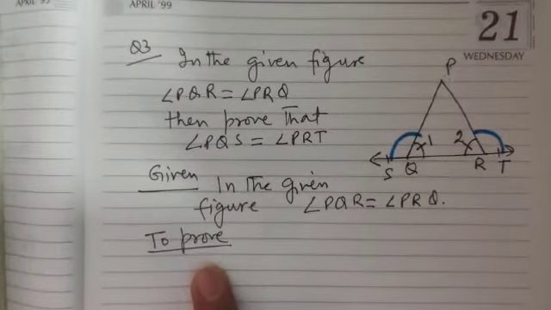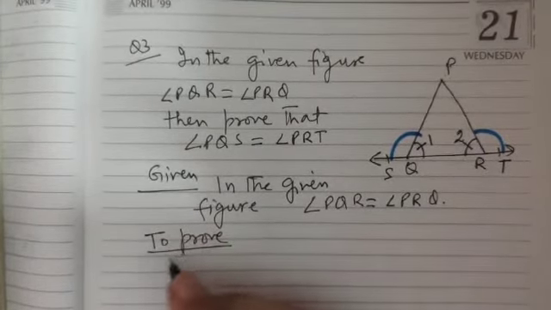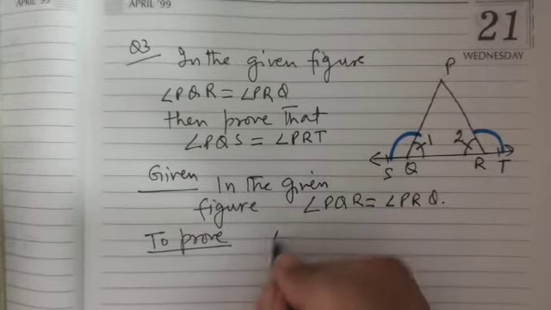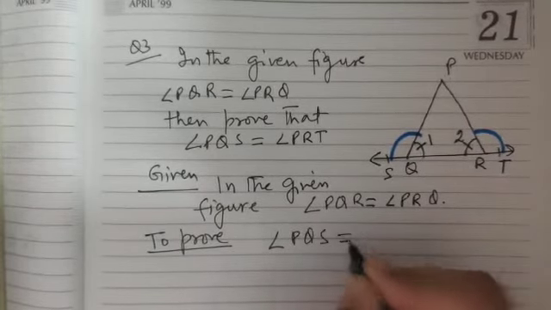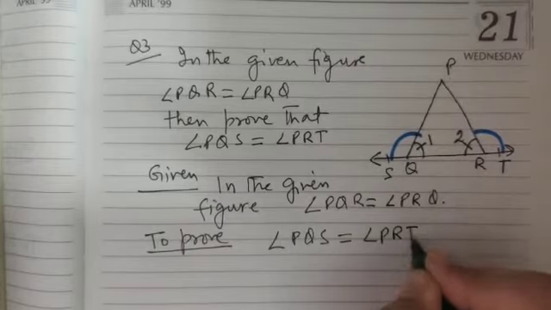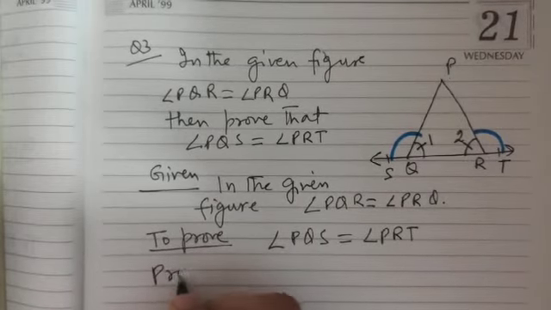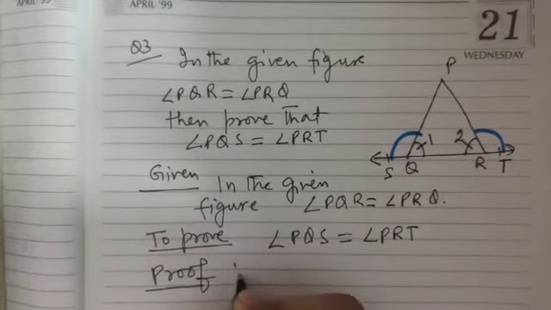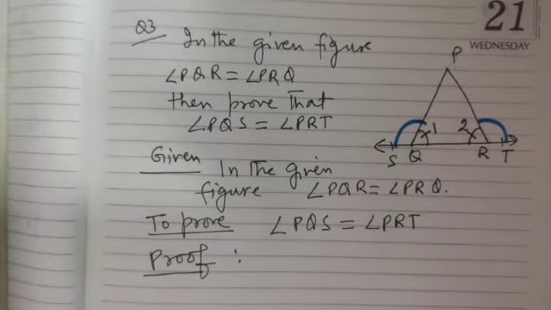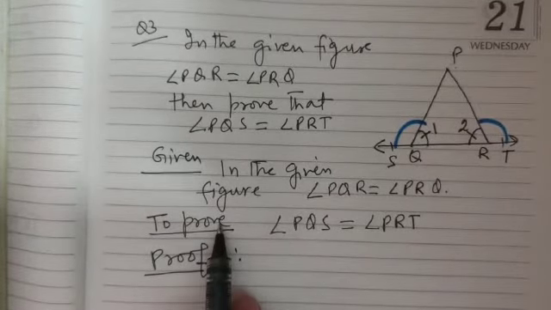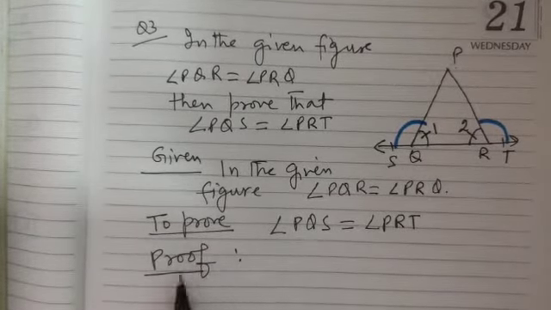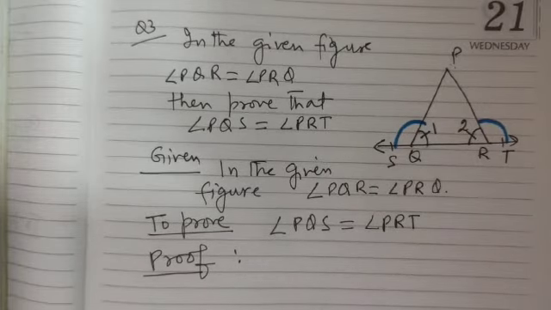We have to prove it. PROVE. So we need to prove angle PQS is equal to angle PRT. Now we will be writing the proof. So there is a difference between the word prove and proof. Proof is what we are doing now.